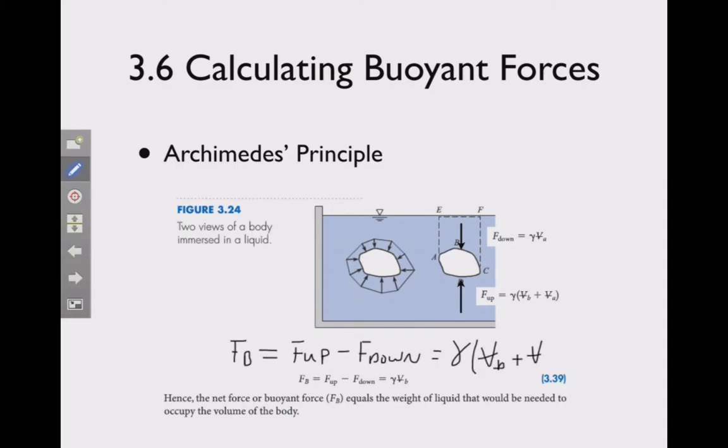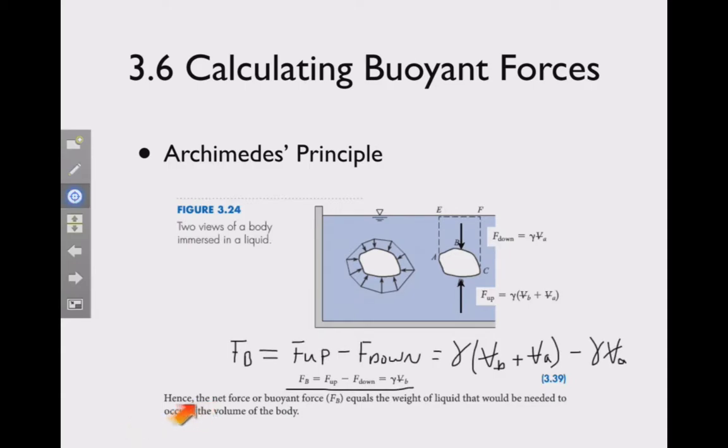VB plus VA for the upward force, and we're going to subtract off the volume of the fluid above it. So the buoyant force becomes the weight of the displaced fluid.